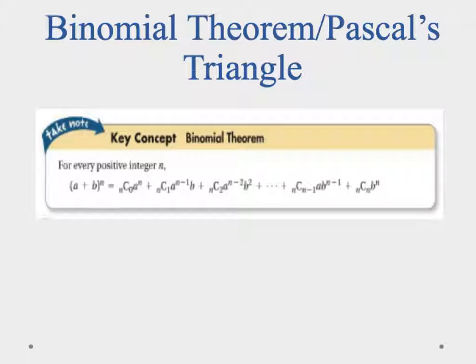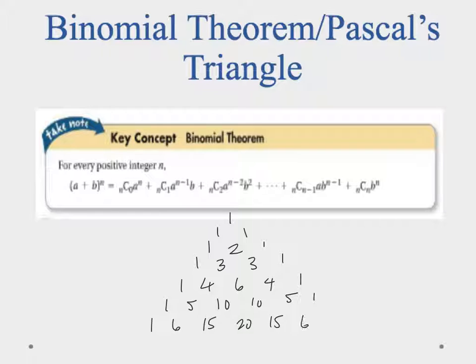Anyway, here we go. If you remember Pascal's triangle, it will start with 1, and then 1, 1, and then 1, 2, 1, and then 1, 3, 3, 1, 1, 4, 6, 4, 1, 1, 5, 10, 10, 5, 1, 1, 6, 15, 20, 15, 6, 1.